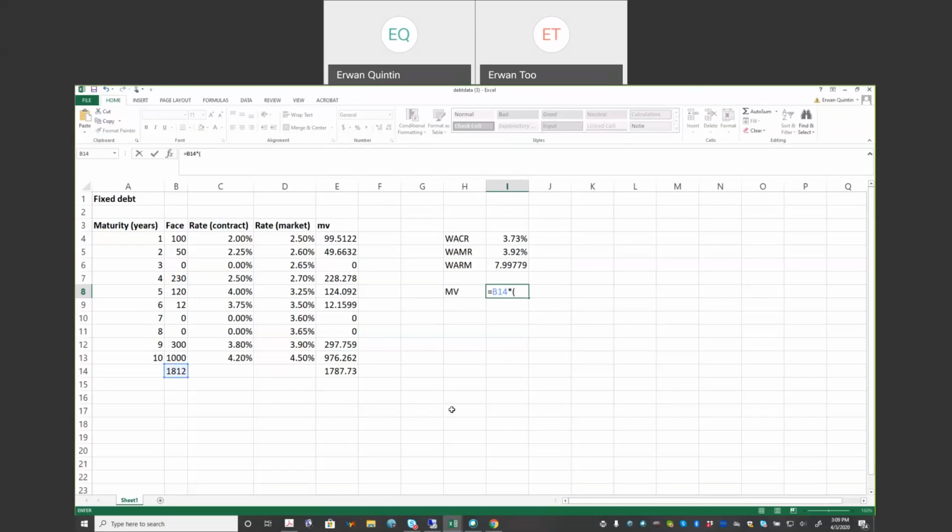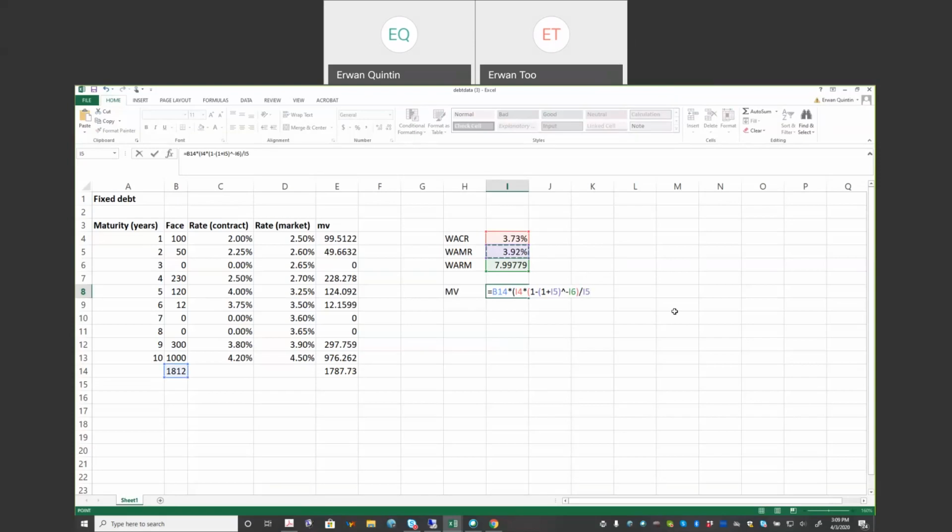And then I'm going to multiply by the contract rate, that's the little r right here, times open parenthesis, 1 minus 1 plus the market rate, which I'm going to use my WAM as the proxy, power minus the maturity, which I'm going to use this average maturity now, since I'm pretending that there's only one piece of debt, and this is going to be divided by the market rate, R prime.